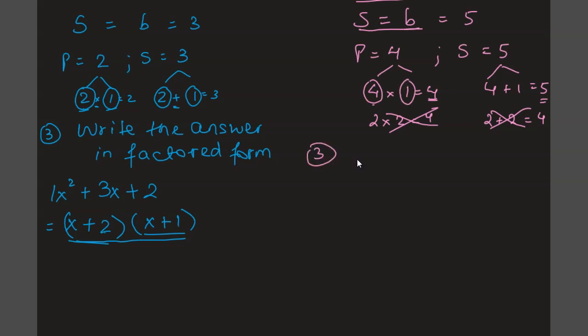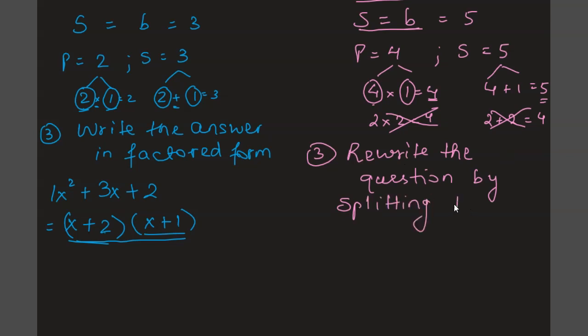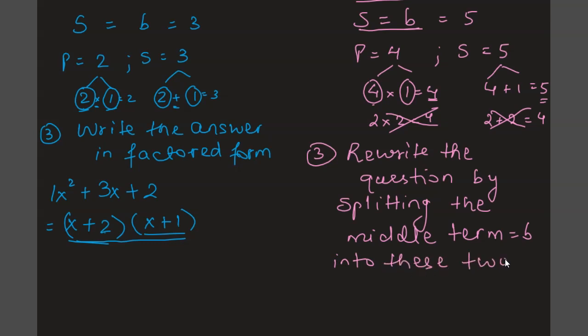In this case, my third step does not give me the answer. The third step is to rewrite the question by splitting the middle term, and the middle term is b, into these two numbers found in step 2.